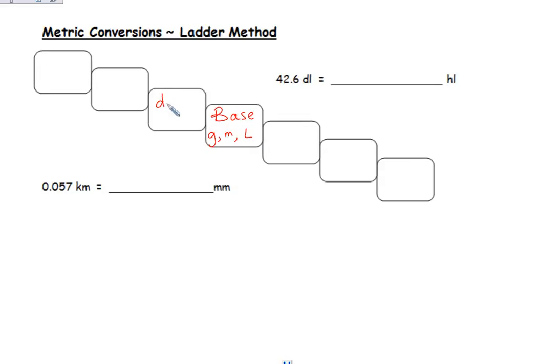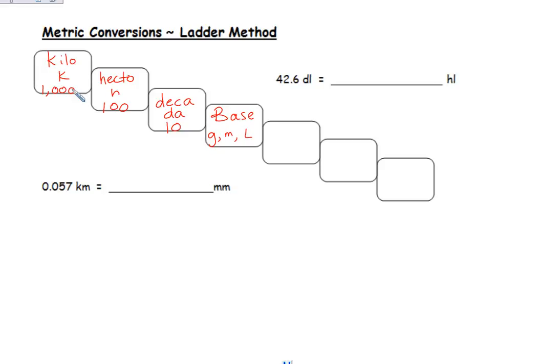Deca, I'll use the C version, I see that more often. Deca is DA. It means 10. Then you'd have hecto. Its symbol is H. It means 100. And then finally, kilo, symbol K. It means 1,000.